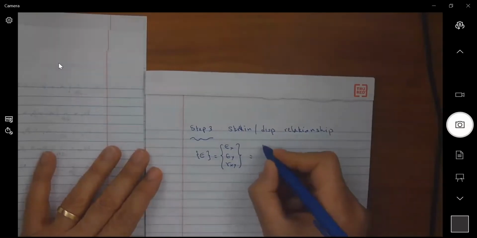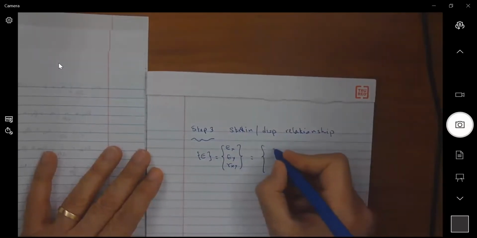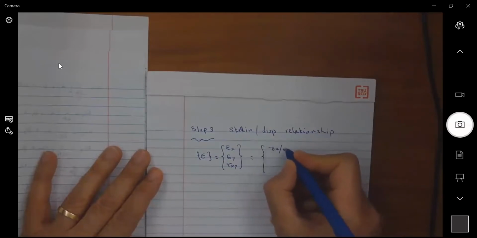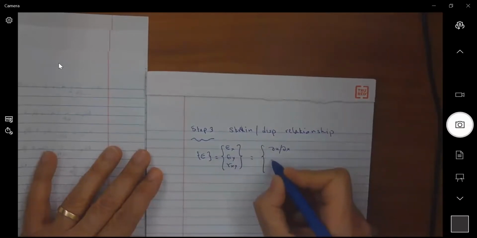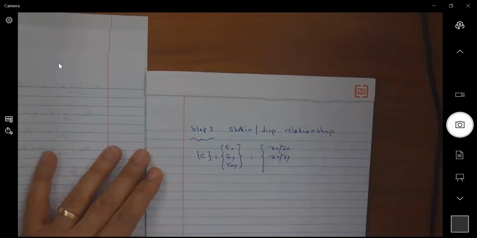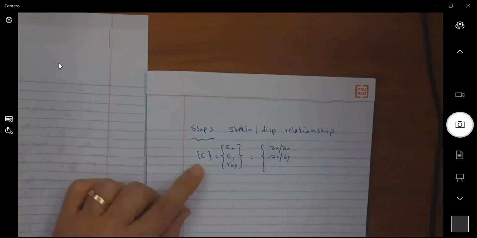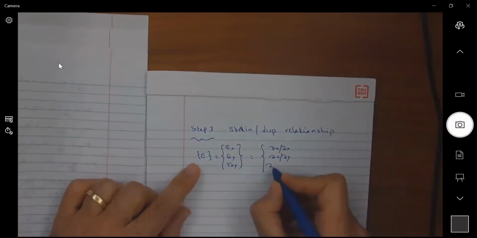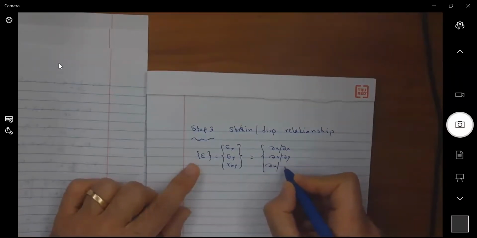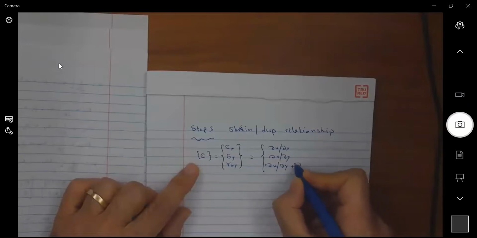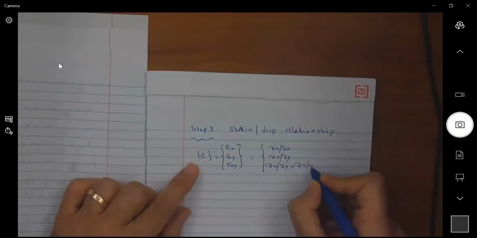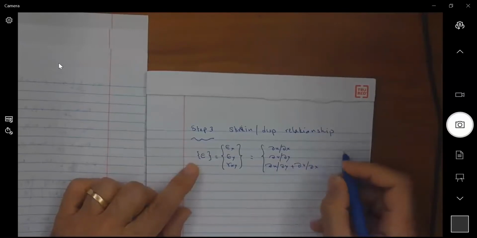This is equal to the partial derivative of u with respect to x for epsilon x. For epsilon y would be dv by dy. And for gamma xy, we're going to get du by dy plus dv by dx.